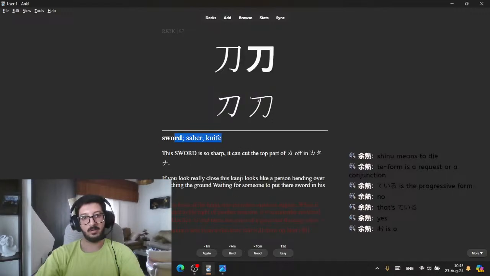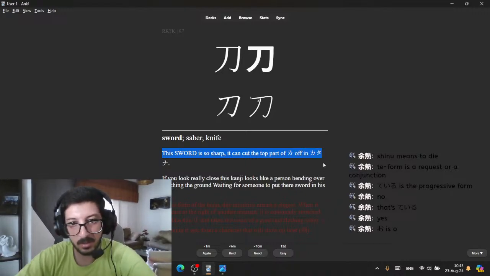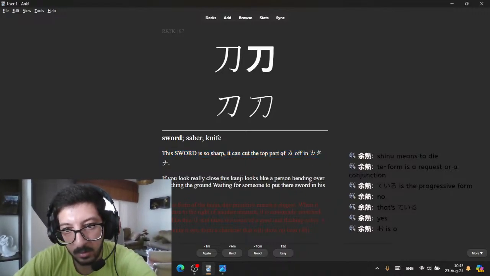Sword, saber, knife. This sword is so sharp it can cut the top part of sword in ka and ta and na.